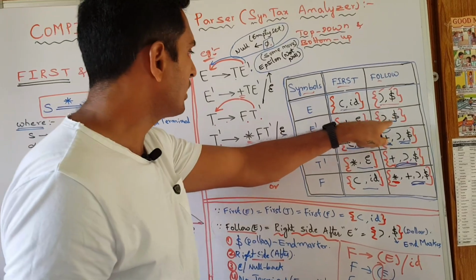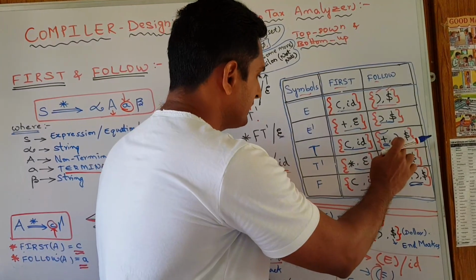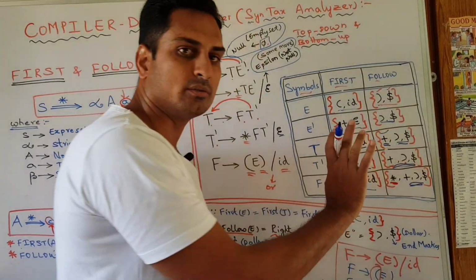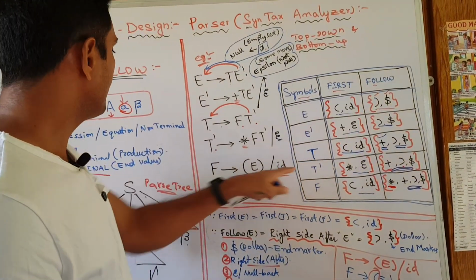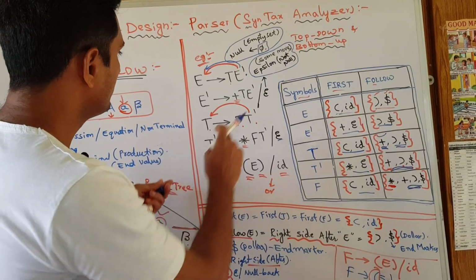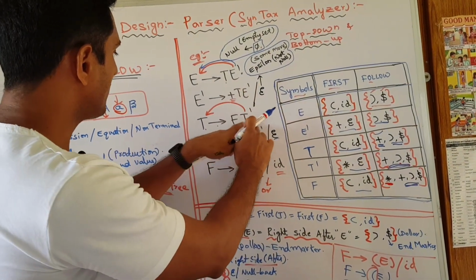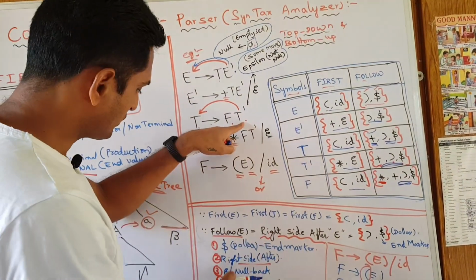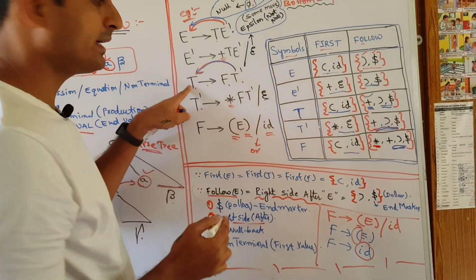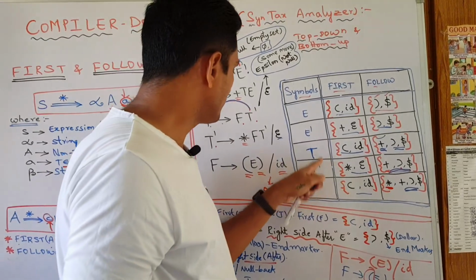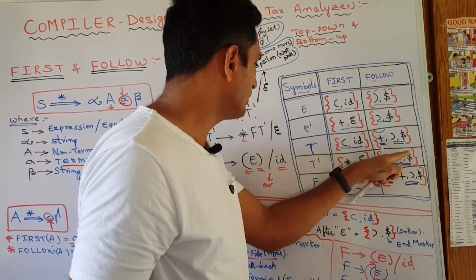E dash follow: closing bracket and dollar. Right, then T dash. T dash follow. Where is T dash here? T dash is there. After T dash, nothing is there. Same story. If we don't have anything, we need to go back. We need to take T's follow only. Same, we need to write plus and the closing bracket.